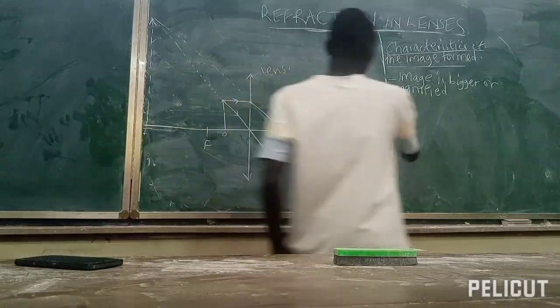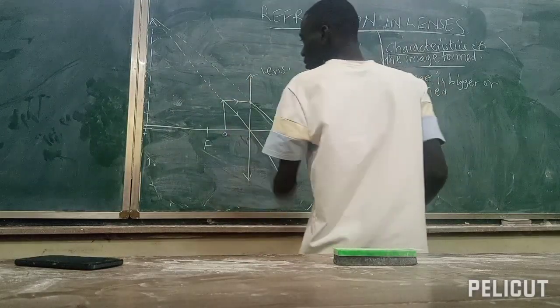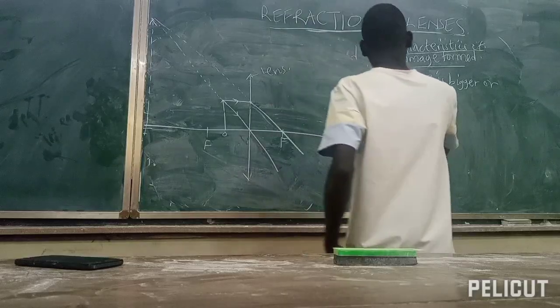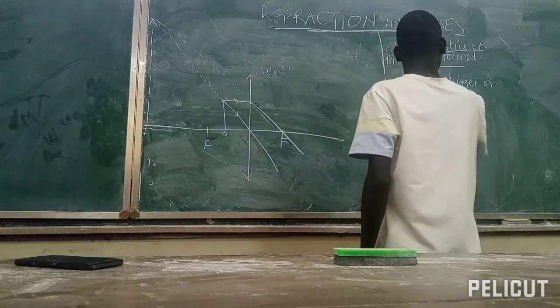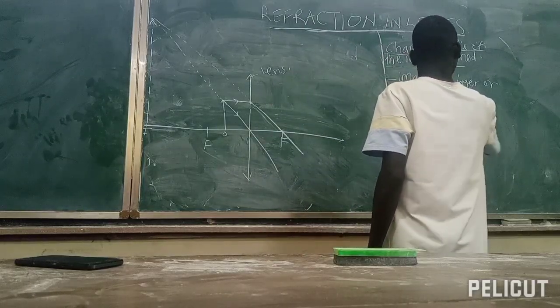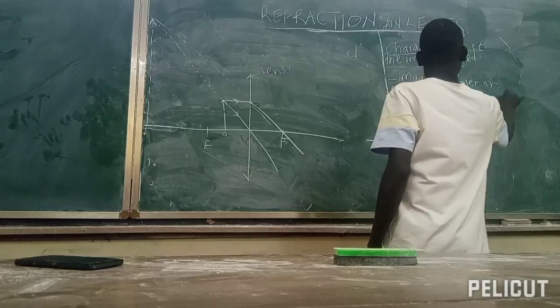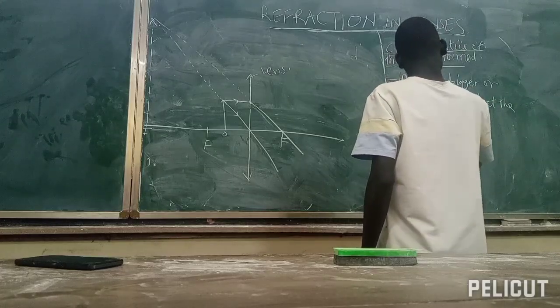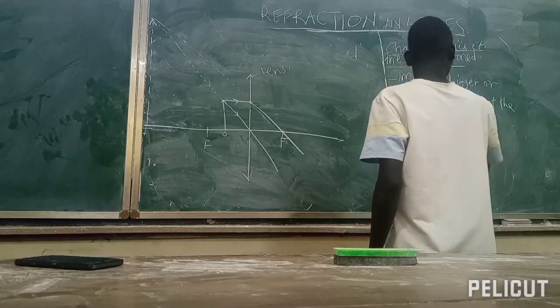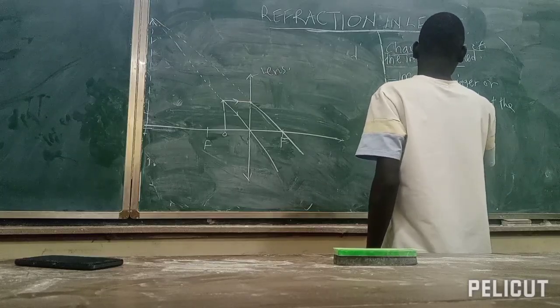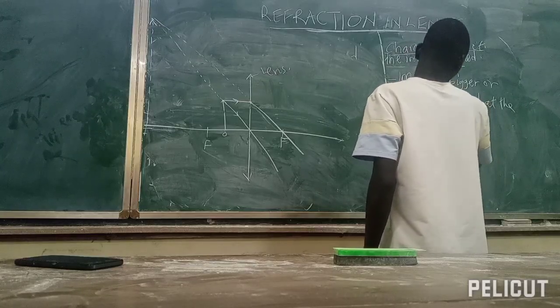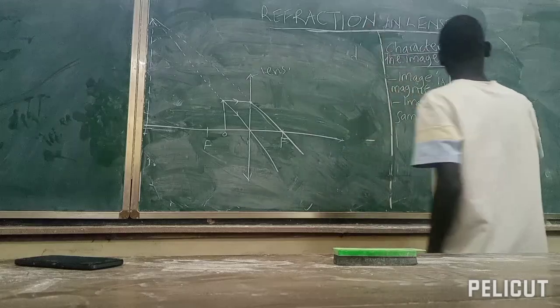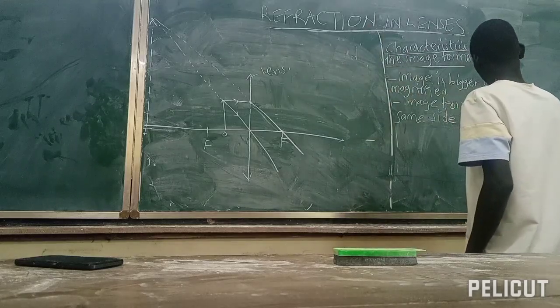Then also the image is formed on the same side as that of the object. So the image is formed on the same side as the object.